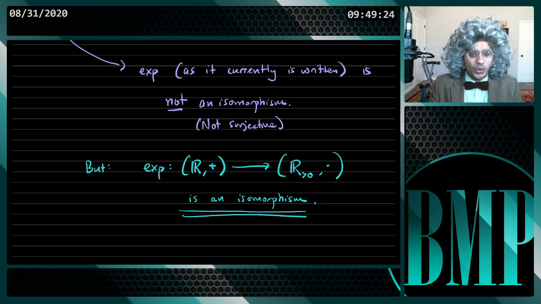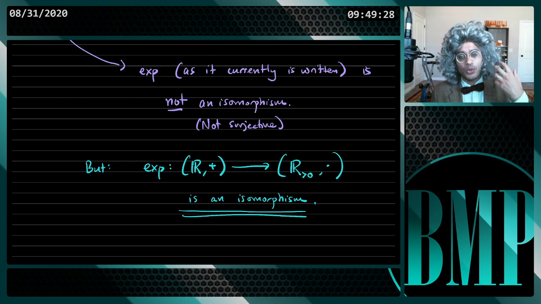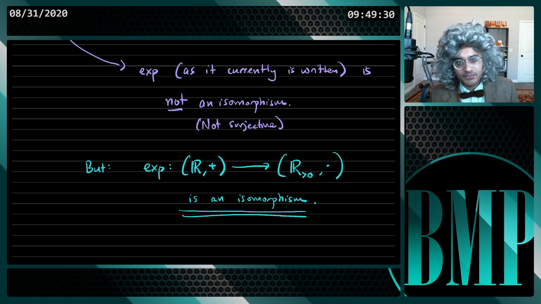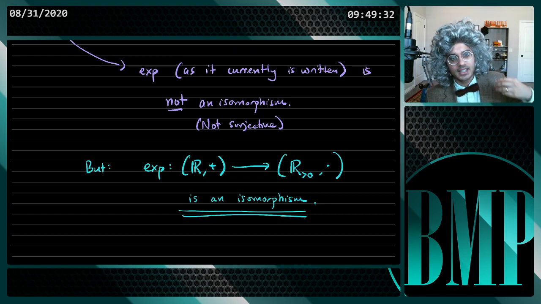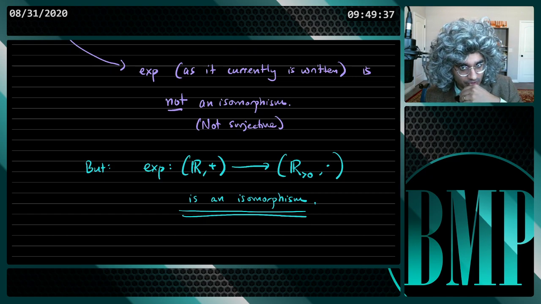So what does isomorphism mean? Isomorphism means that one group with its group law is, in effect, a carbon copy of the other group with its group law.